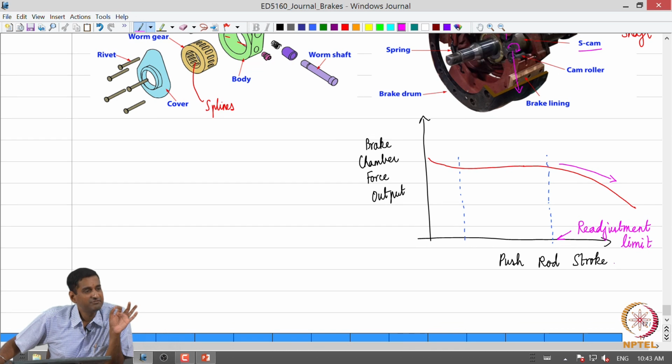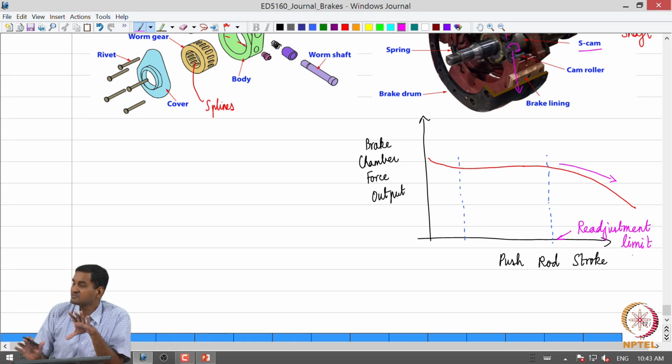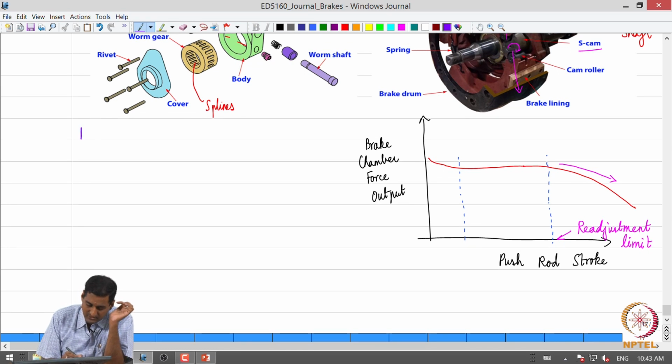So the push stroke of the push rod is an important parameter that provides us with information about the health of the air brake system. So it is a very useful diagnostic and prognostic parameter which tells us what is the state of this air brake system, right. So that is a very important point, okay. So let me write that.